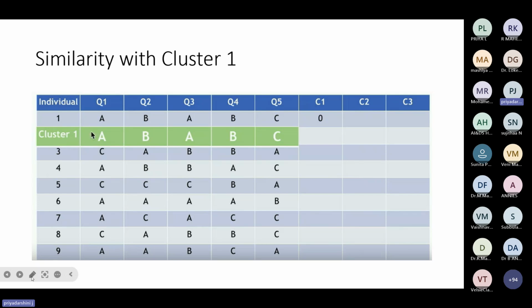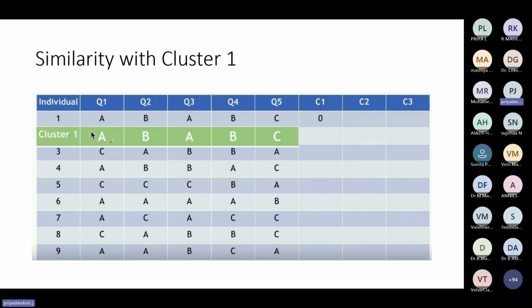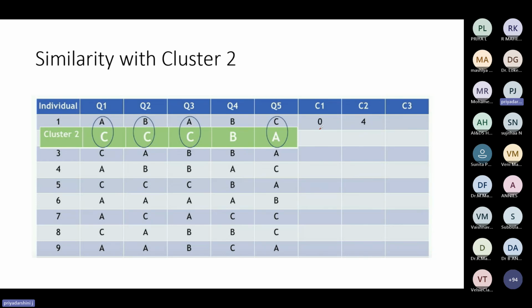Unlike K-means, which used Euclidean distance, here you check similarity and dissimilarity. Since cluster 1 is the same cluster, there are no dissimilar items, so we have 0. Comparing the second cluster with my first data, my cluster head has C whereas my data has A, so it is one dissimilar item.